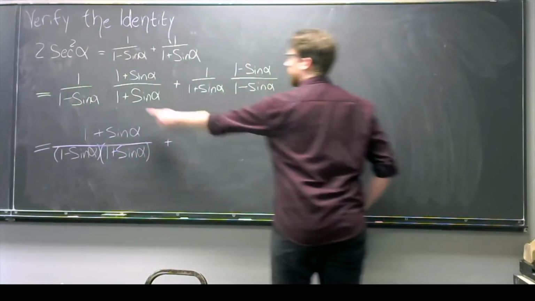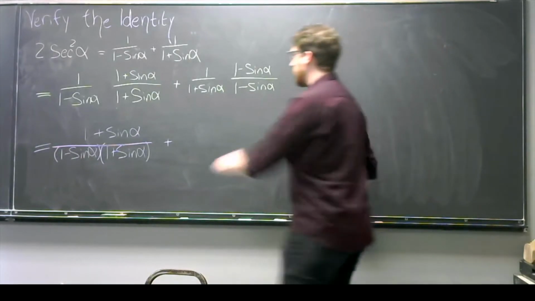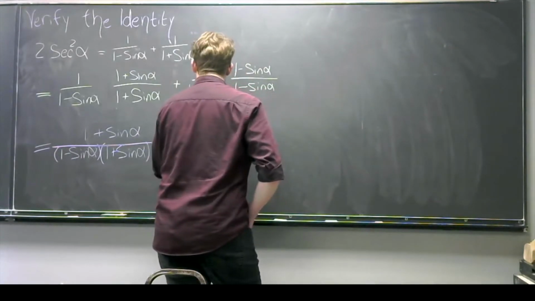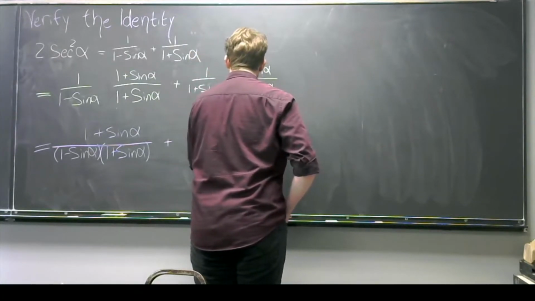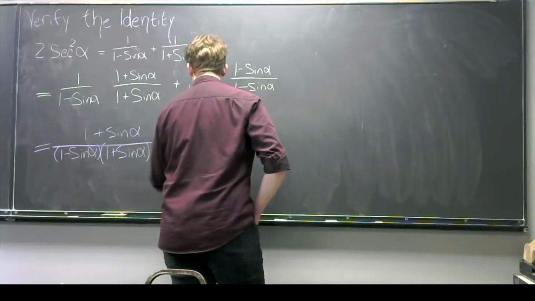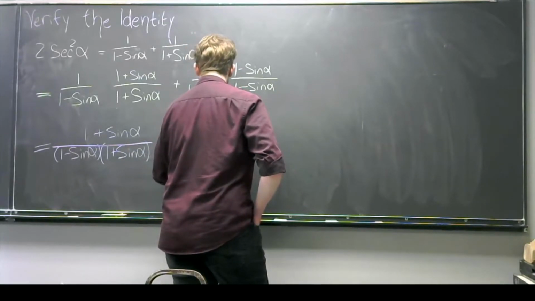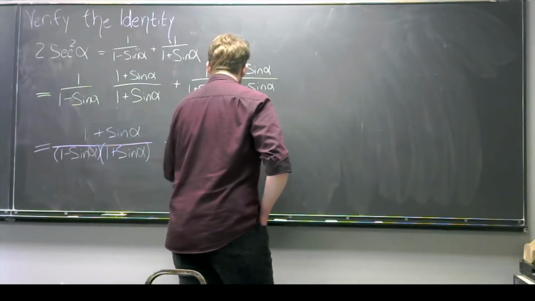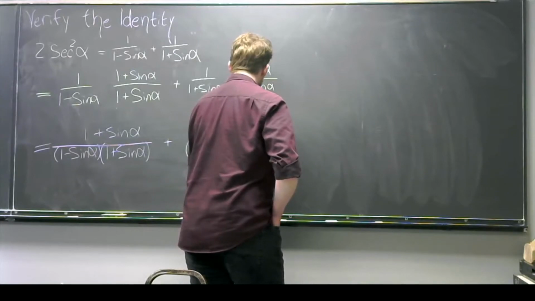So that's this first fraction. And this second fraction, what we're going to have is 1 minus sine alpha all over the quantity 1 plus sine alpha times the quantity 1 minus sine alpha.